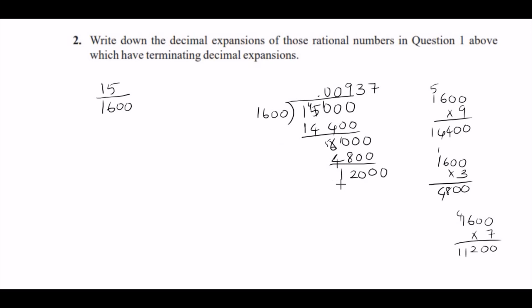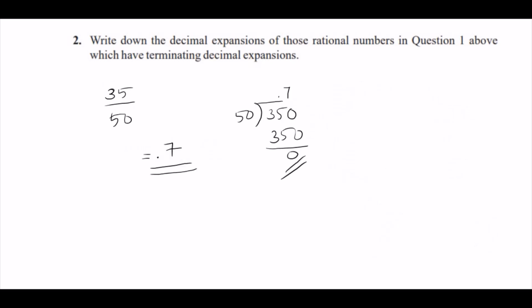So 1600 into 7 is 11,200. So you get in 8,000, 1600 goes 5 times. So 15 by 1600 can be written as a terminating decimal expansion 0.009375. There are some more numbers that you can do by yourself.